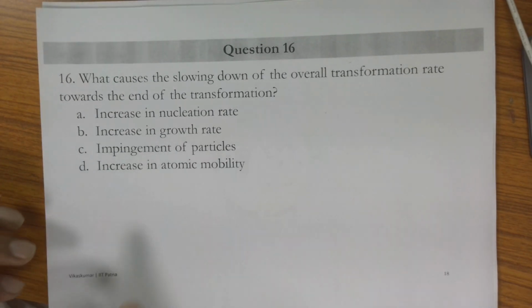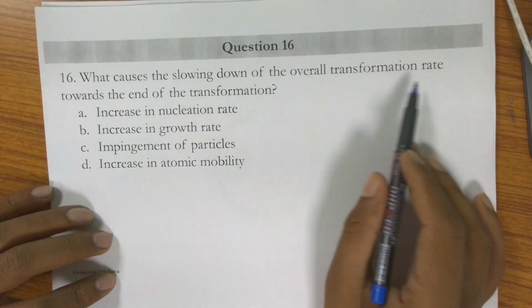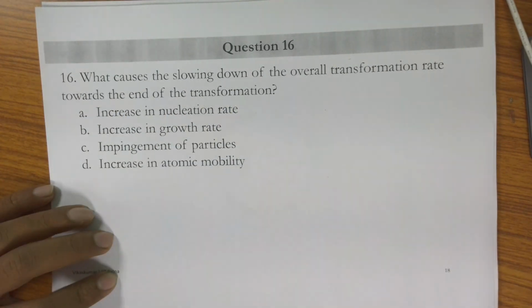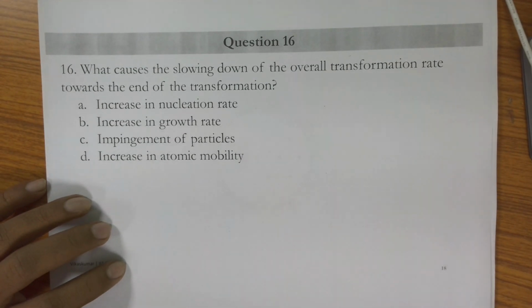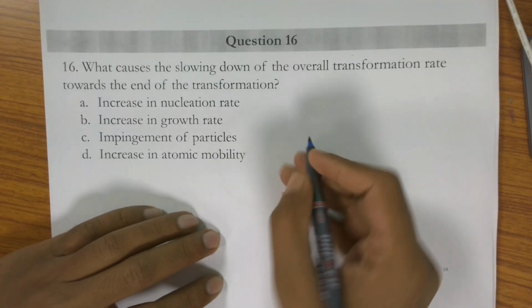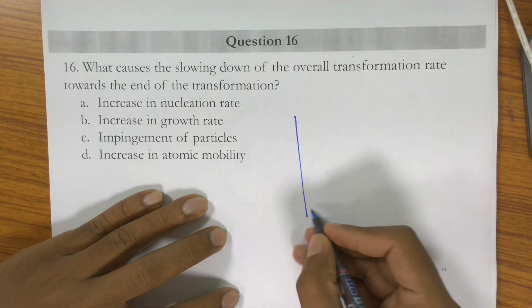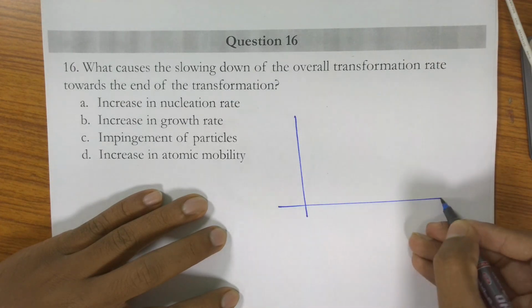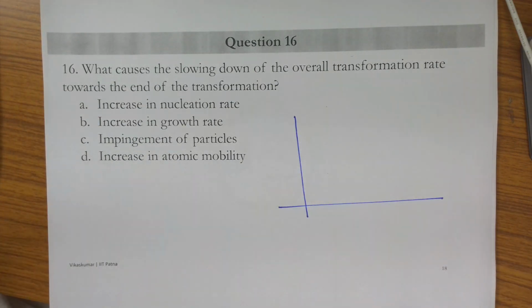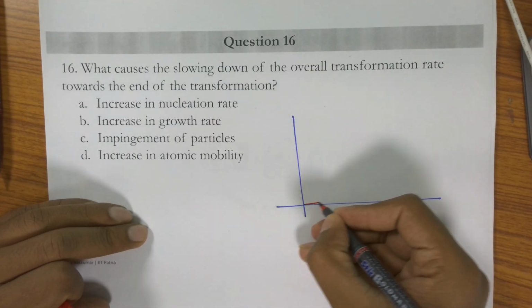Let's move to the next question, question number 16. What causes the slowdown of the overall transformation rate toward the end of the transformation? So here, like we have seen the S curve, the fraction transformation curve, which is something like this.